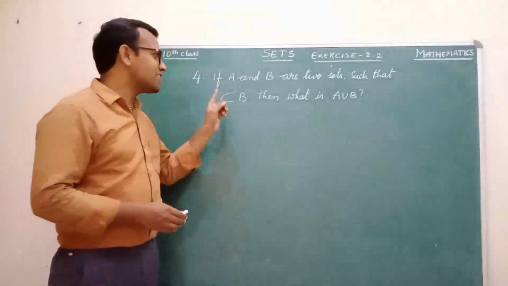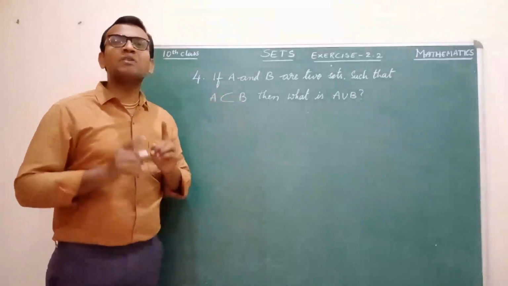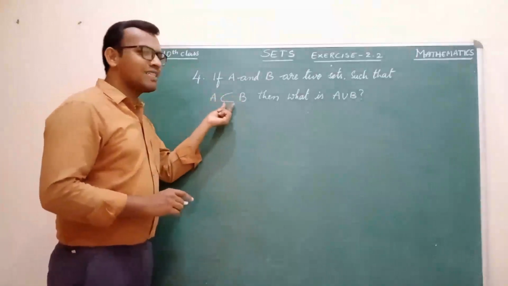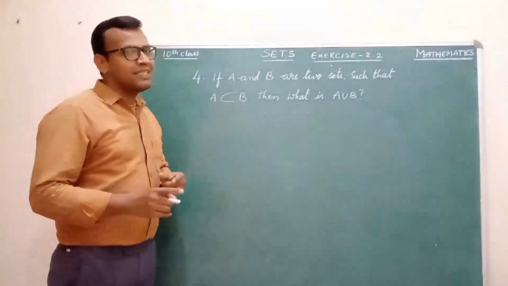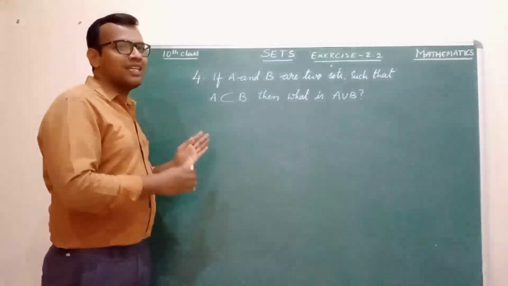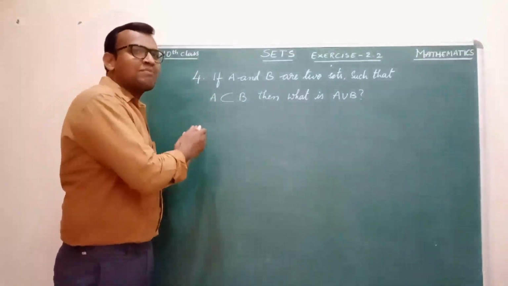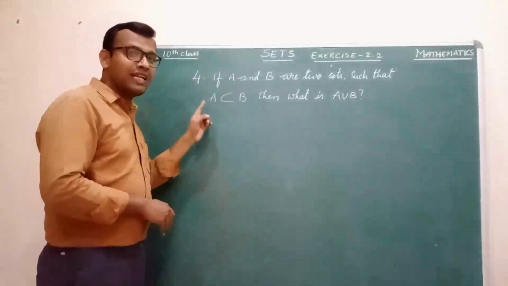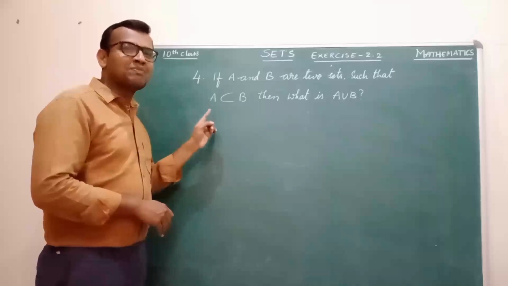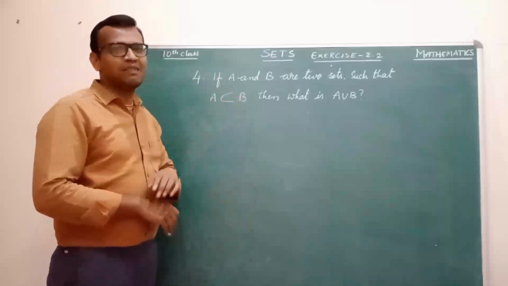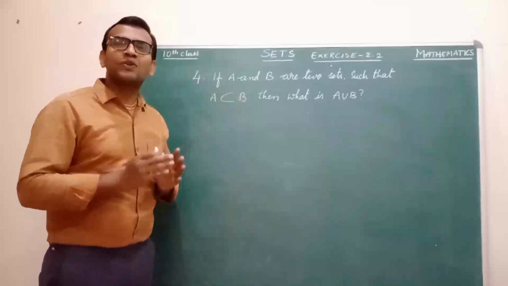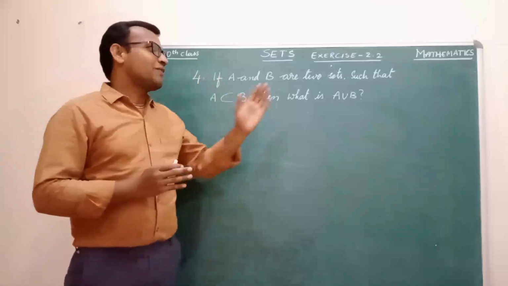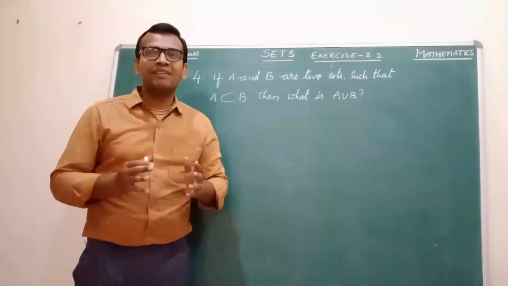So the condition is A is subset to B, and we already discussed that what is a subset. Subset is a set in which all the elements of set A must be the elements of set B. So then what is A union B that we need to find?